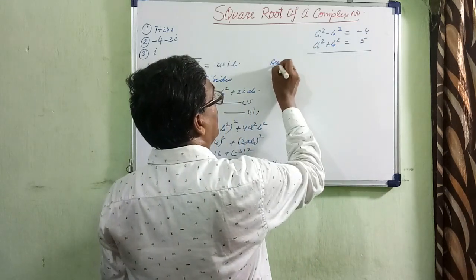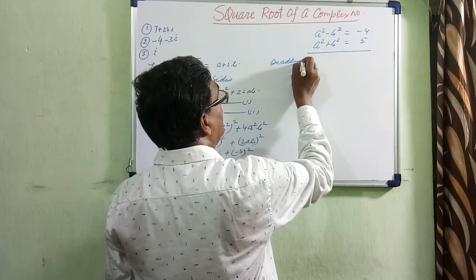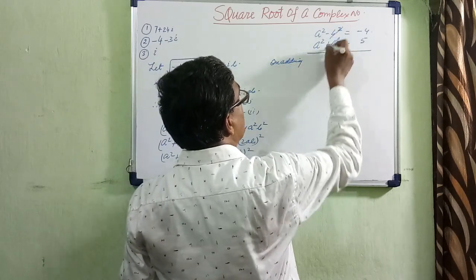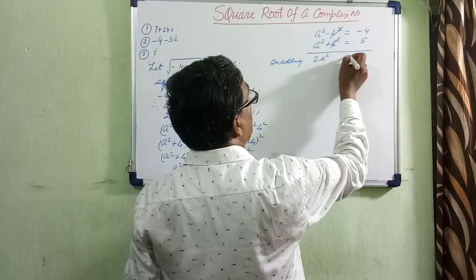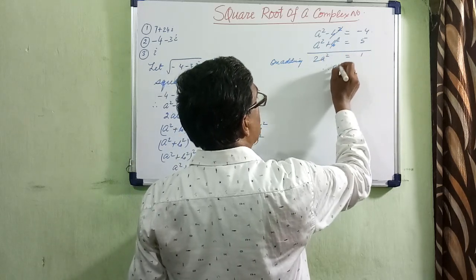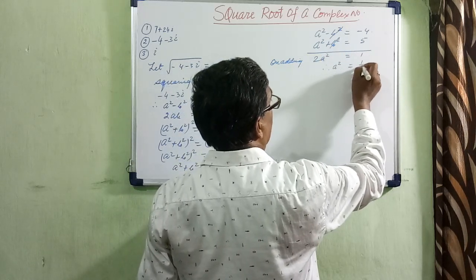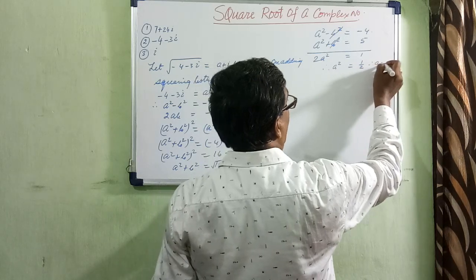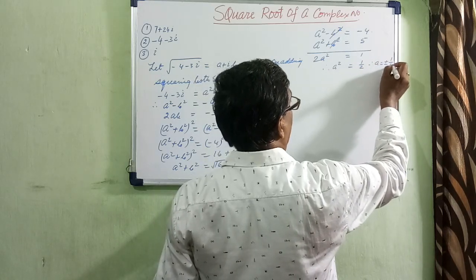On adding, this is cancelled. 2a square is equal to 1. Therefore, a square is equal to 1 by 2. Therefore, a is equal to plus minus 1 by root 2.